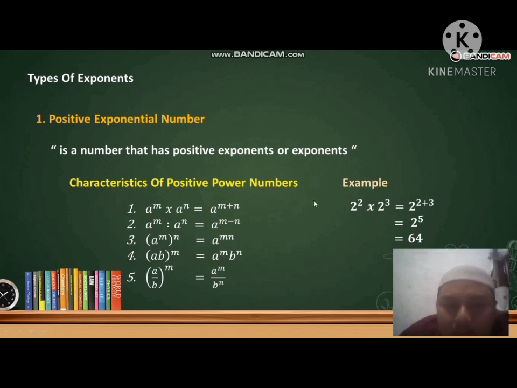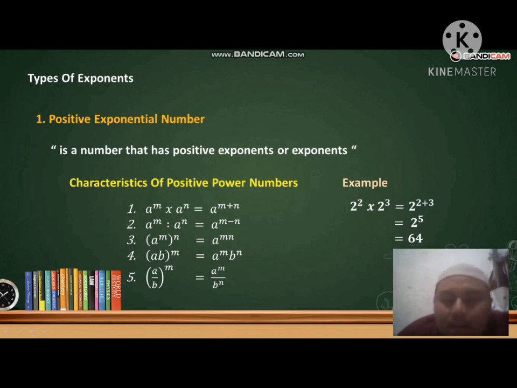Okay friends, an example of positive exponential numbers is 2 squared times 2 cubed equals 2 to the power of 2 plus 3 equals 2 to the power of 5 equals 32.